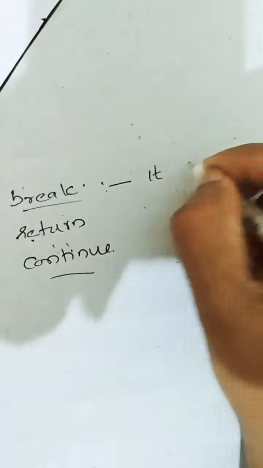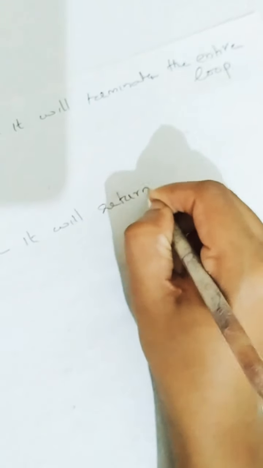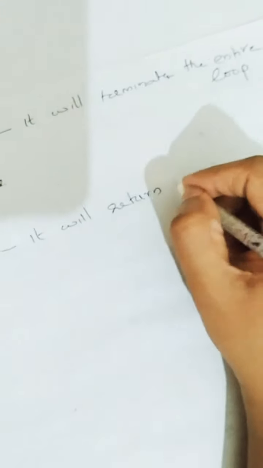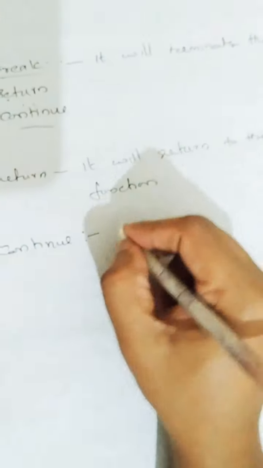So what about return statement? Return statement will return to the calling function. When it is encountered, the control will go to the calling function. Next, continue. What is the purpose of continue?